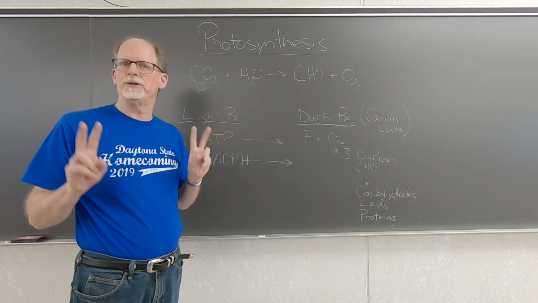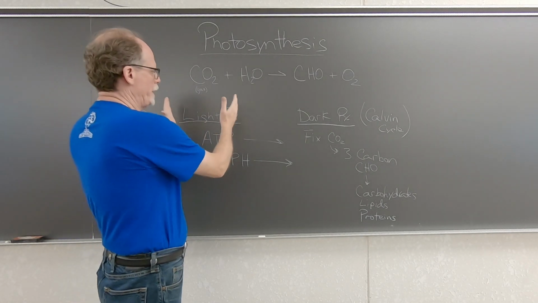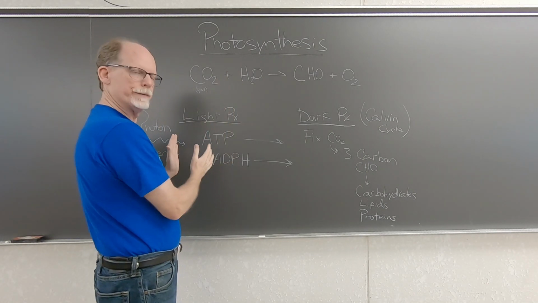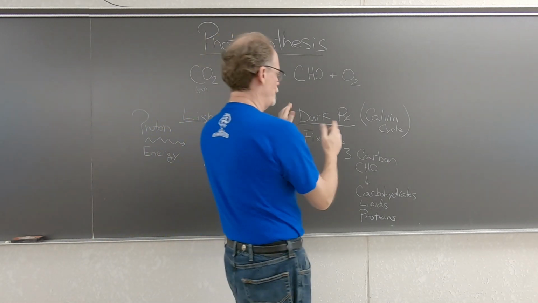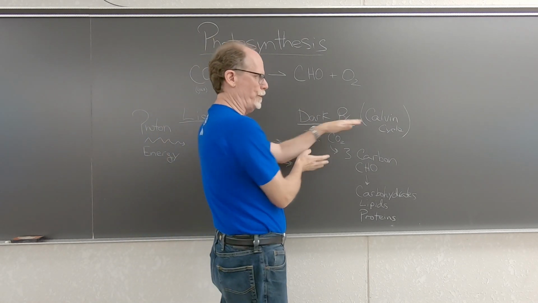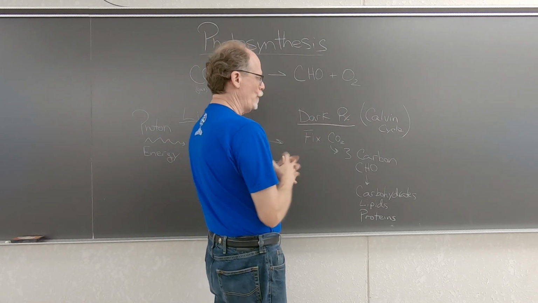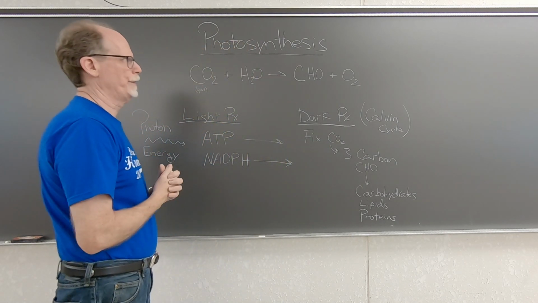I think it's referred to as light independent reactions. But you have the light reactions in photosynthesis that produce ATP, NADPH, and these are required for the dark reaction or the Calvin cycle, where we can fix CO2 and produce carbohydrate, right?